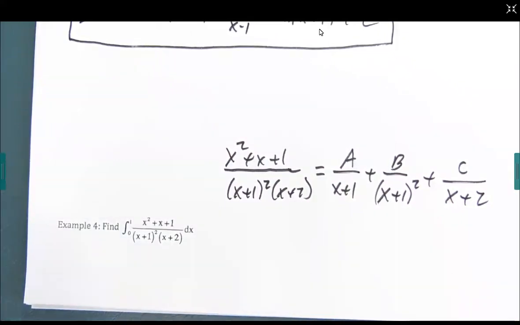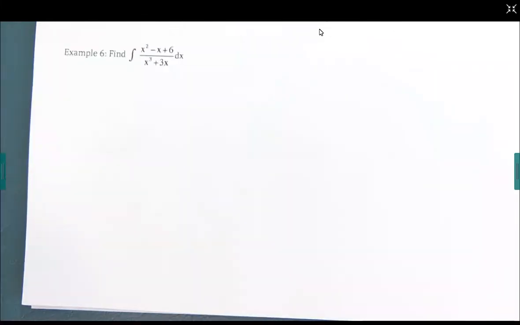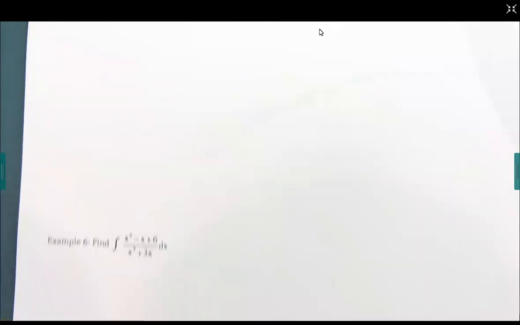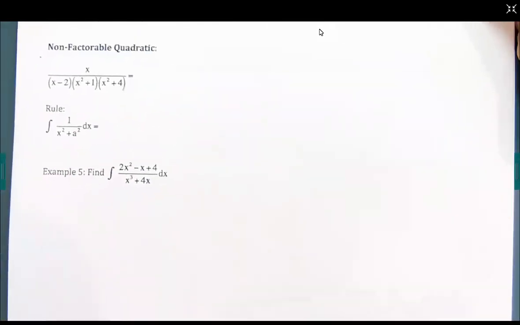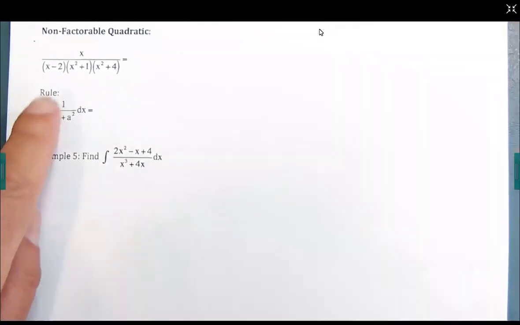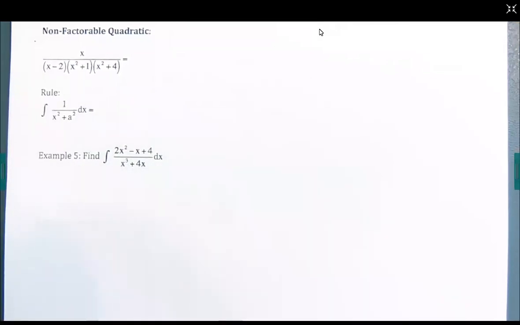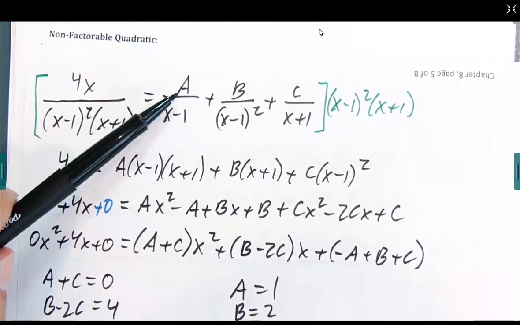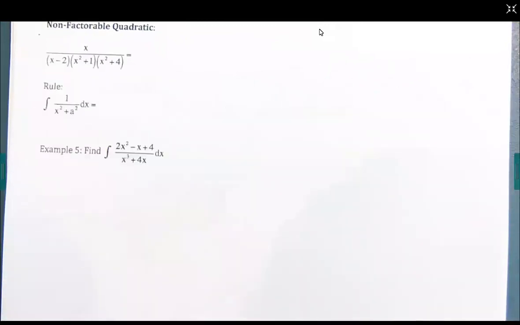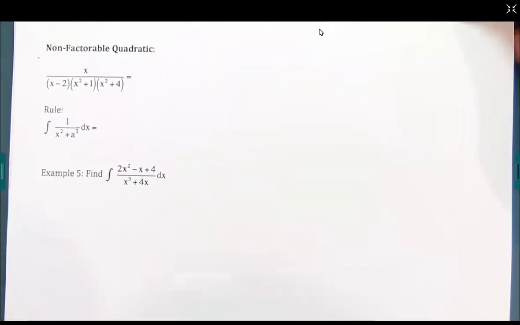So next up, what if we have a non-factorable quadratic, like we would have here? Well, if we have a non-factorable quadratic, then on top of it, instead of a constant like a or b or c, we're going to need a potential linear expression up top.